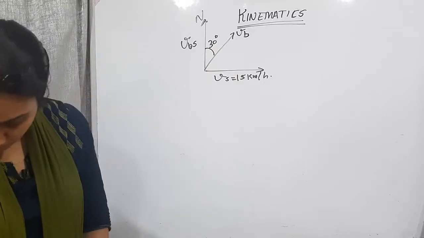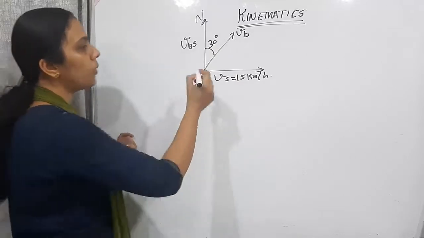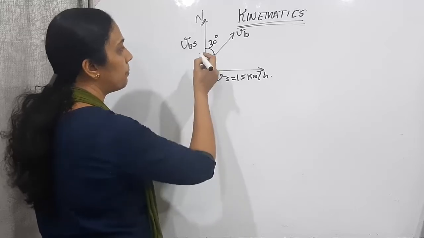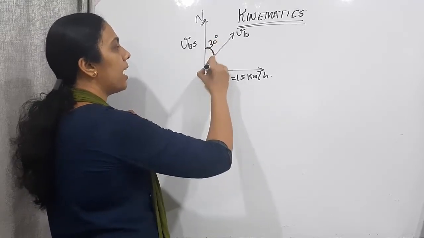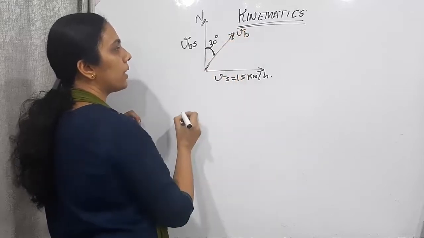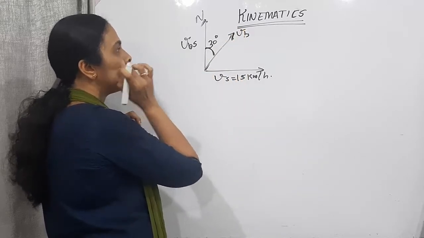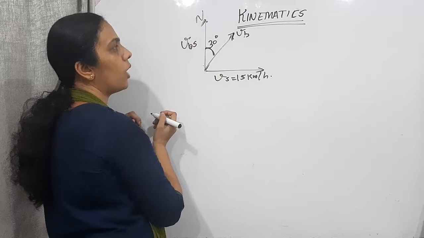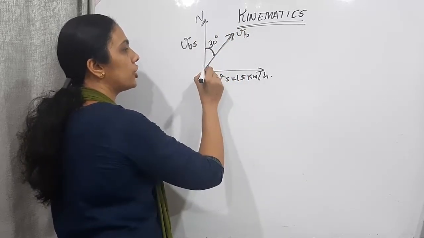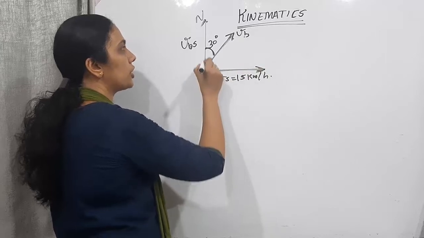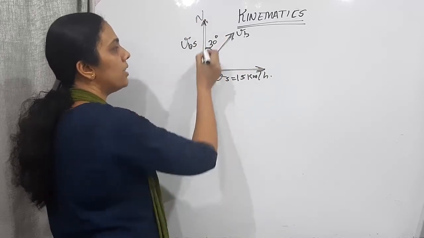We need to find out the velocity of the boat. How can we find the velocity here? Here this is 30 degree and this is VB. If I am dividing this into two components, VB is along this direction and along this direction.